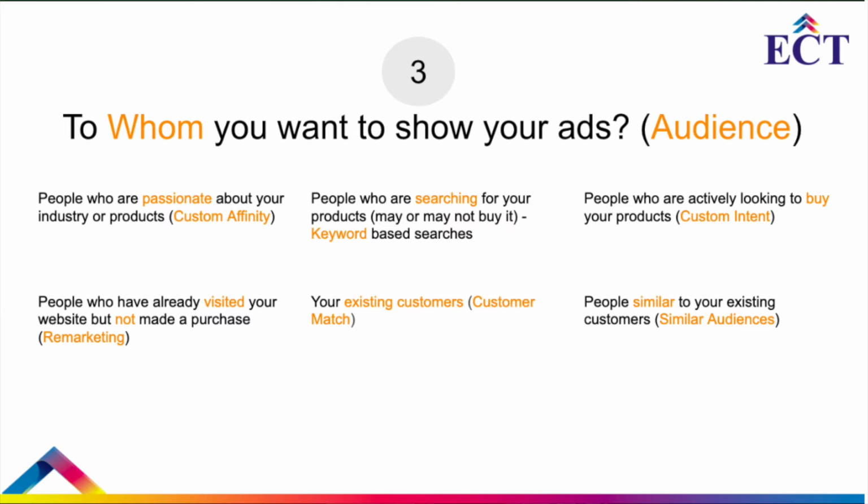So these are 6 types of audiences that you can use in various campaign types to show your ads. So depending on marketing goal and campaign type, you will choose a particular audience whom you want to show your ad.